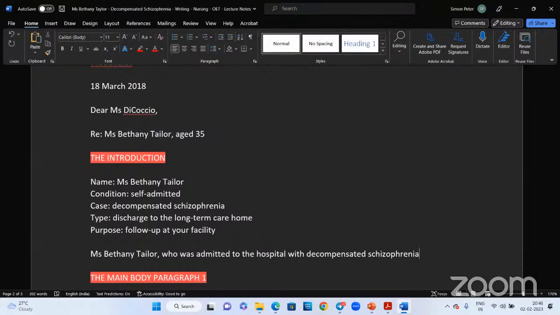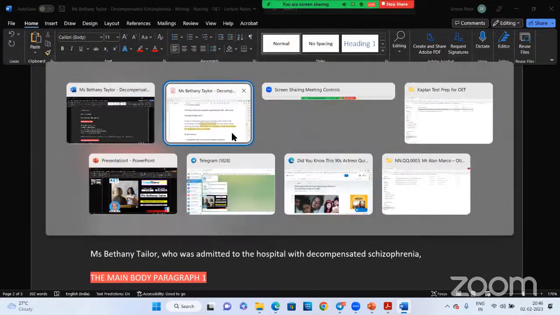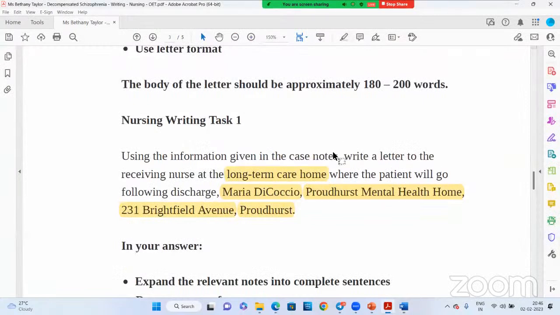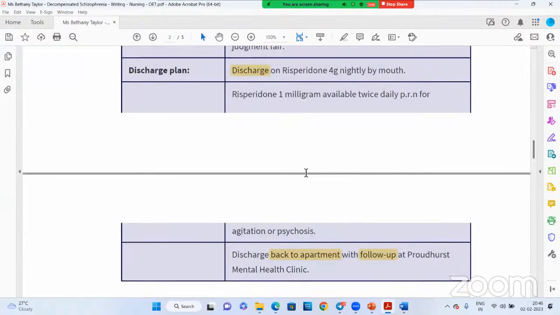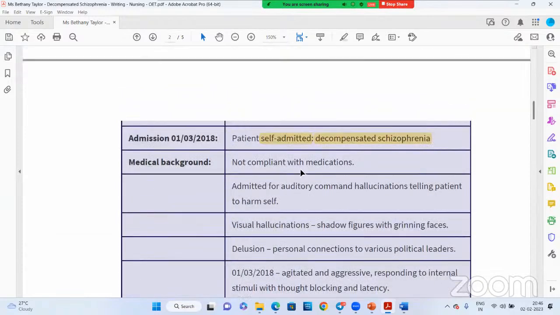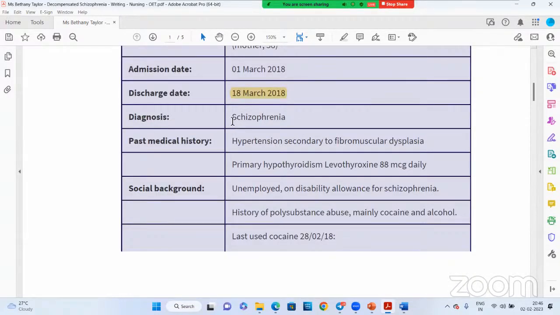Now, comma. Now here you have to be very careful again. The information regarding decompensated schizophrenia is not given in one place, actually. So the diagnosis is schizophrenia. She was diagnosed with schizophrenia long back.